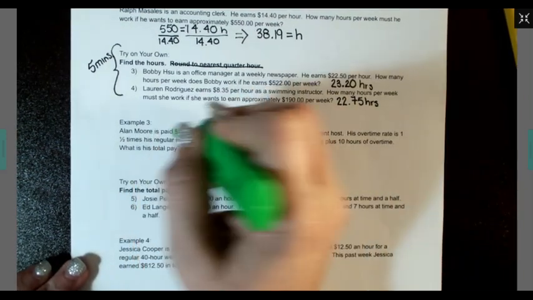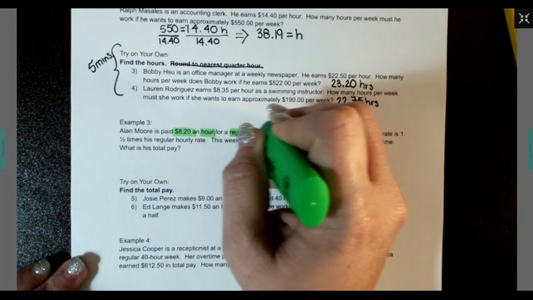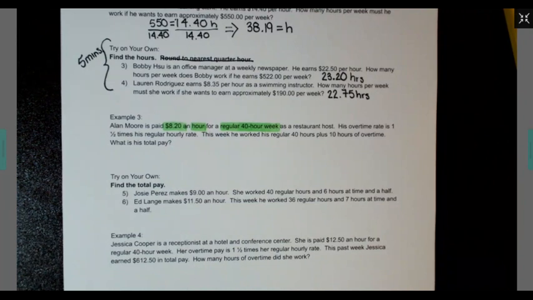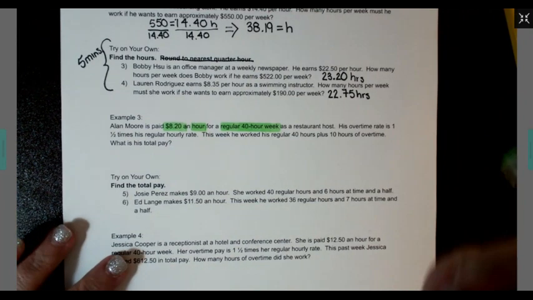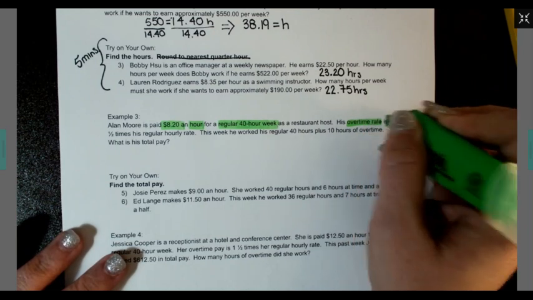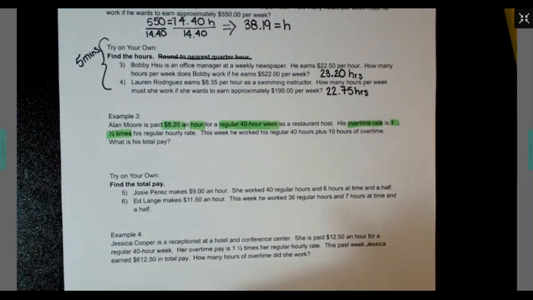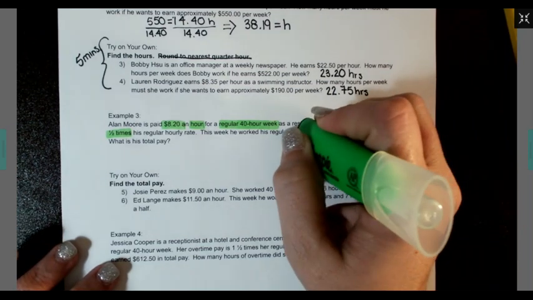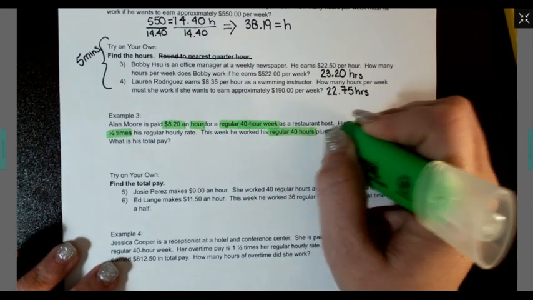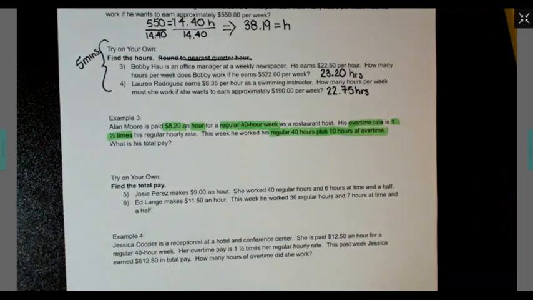Okay, that's important. His overtime rate, oh look, these keywords are coming out now, is 1.5 times. And this week he worked his regular 40 plus 10 hours of overtime.